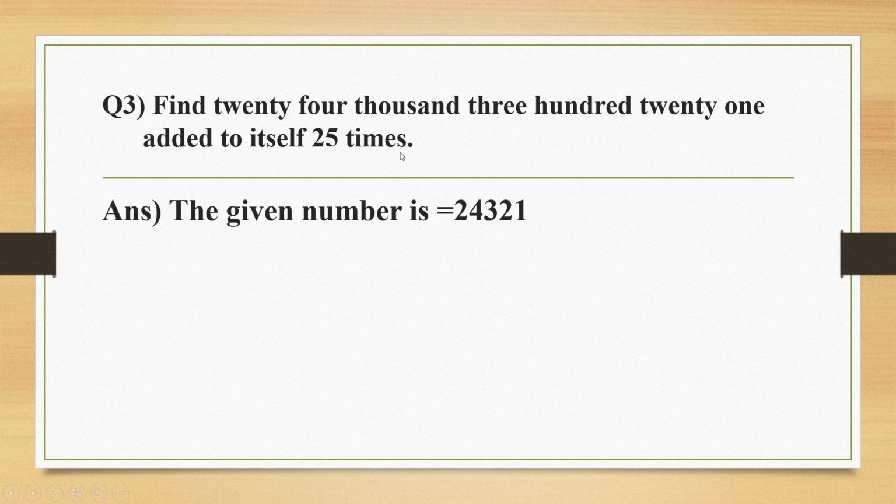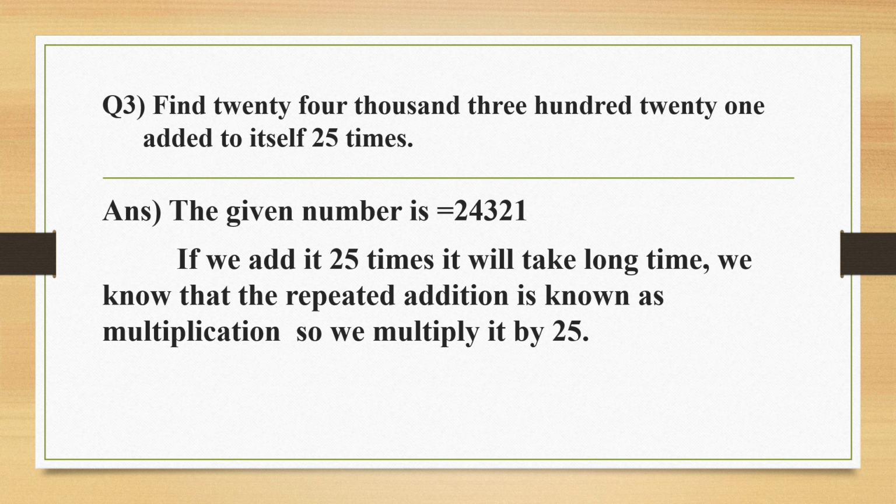25 times. So is it possible writing 25 times and adding? So we know one hint, that is, repeated addition is known as multiplication. Okay, so simply we are going to multiply the number with 25.